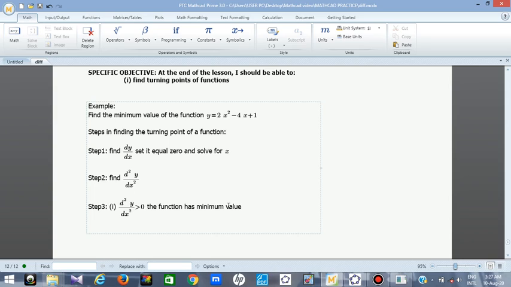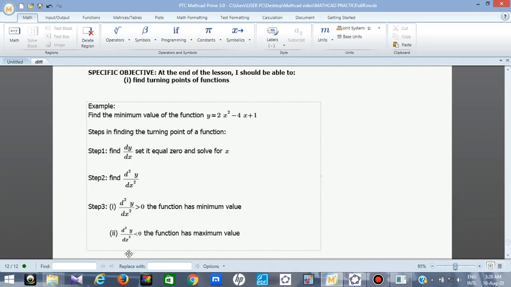But if this second derivative now is less than 0, that means the function has a maximum value.